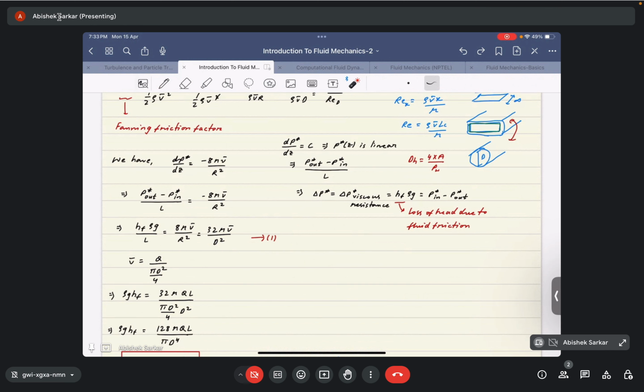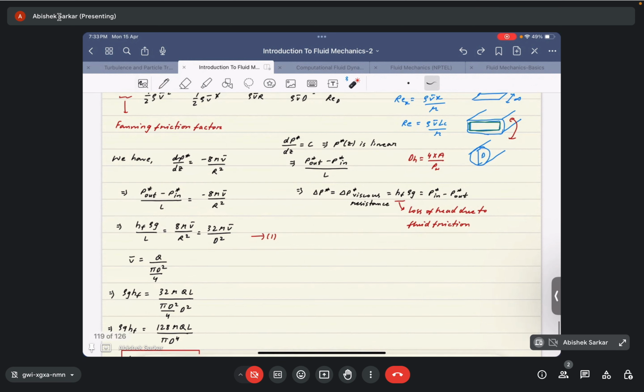Now if this pressure drop, or this pressure variation, is primarily because of the viscous resistance, then we can write this pressure variation, that is p out minus p in, as the pressure variation because of the viscous resistance, which would be equal to hf into rho g, where hf is the loss of head due to fluid friction.